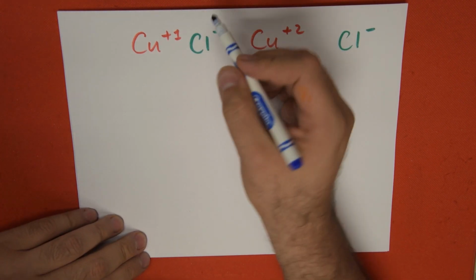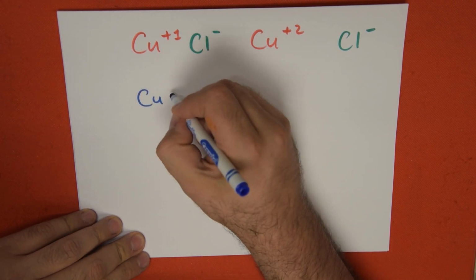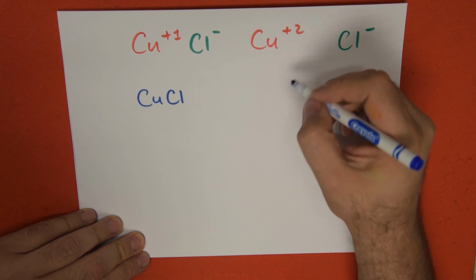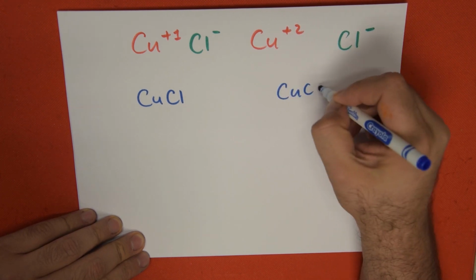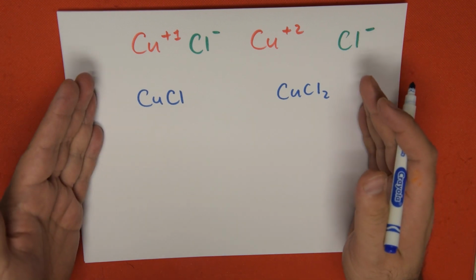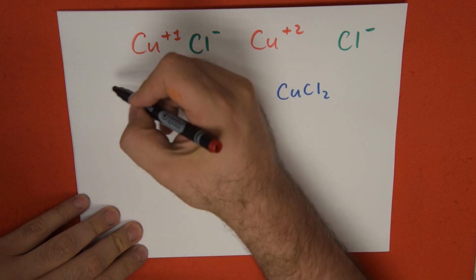Why? Because when we do the crisscross, 1 and 1 are going to cancel out. So we're going to get copper chloride. And when we mix 2 and 1, the chlorine is going to get a number 2, meaning that it has a different oxidation. Both of these are copper chloride, which follows a naming style of metal name plus non-metal name with -ide ending.